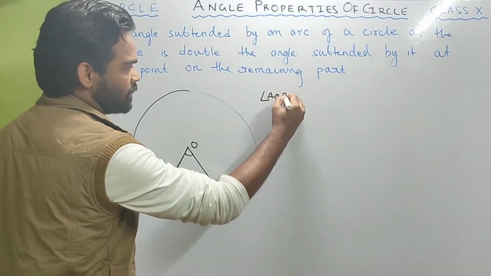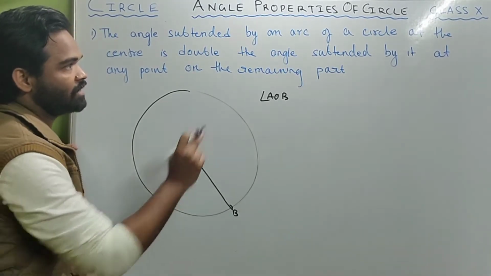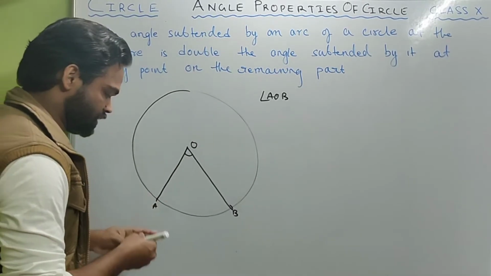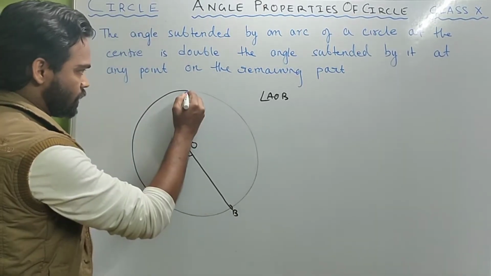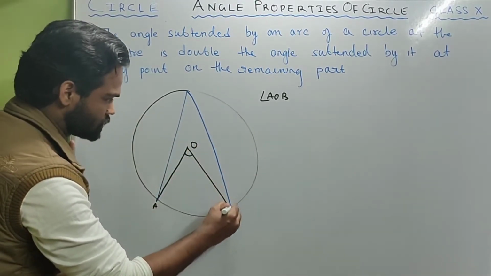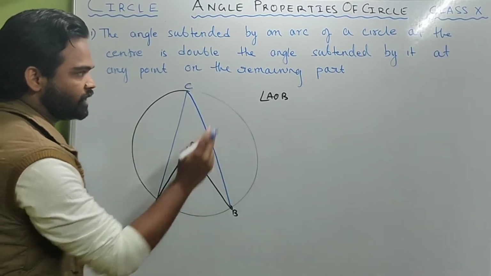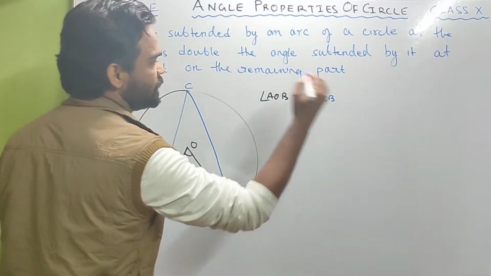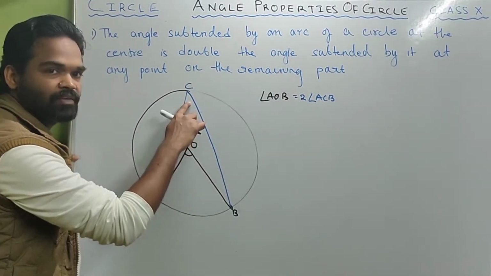So angle AOB will be twice the angle subtended by it at any point on the remaining part. Suppose we have another angle with the same arc AB on any part of the circle, suppose ACB, then AOB will be twice ACB. So if this is 50, this will be 25.